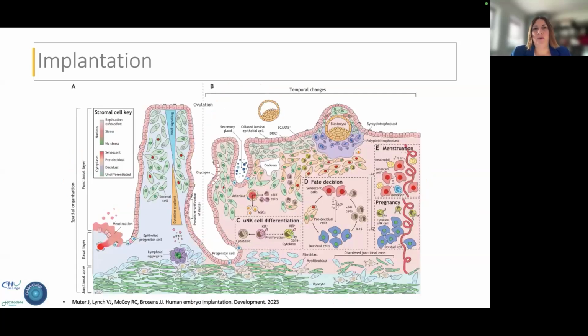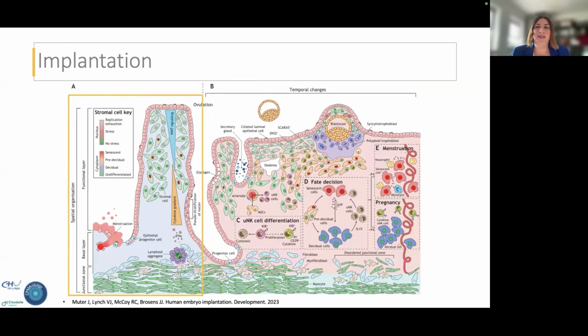This slide illustrates the cellular dynamics occurring in the endometrium before and during embryo implantation. Prior to ovulation, estradiol drives rapid endometrial growth influenced by morphogen and cytokine gradients.